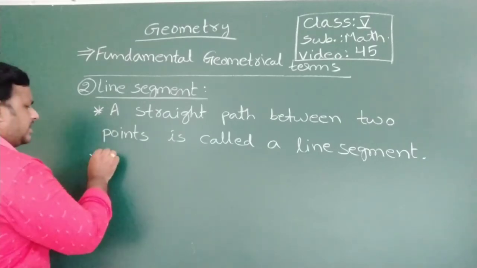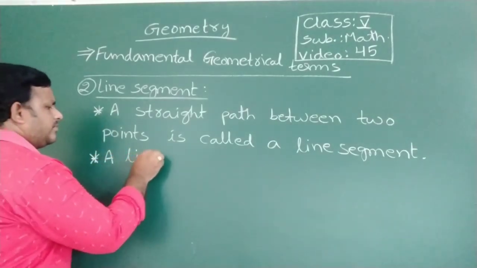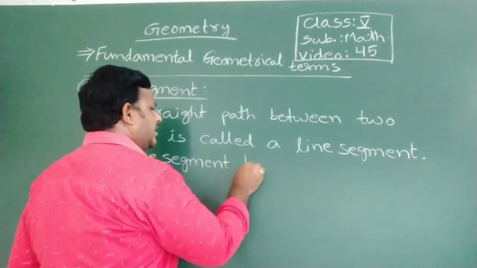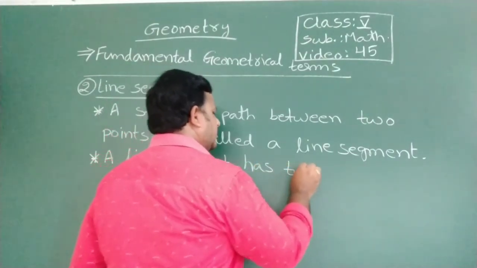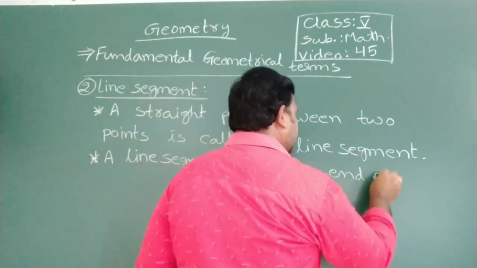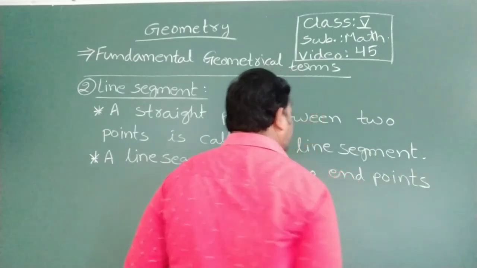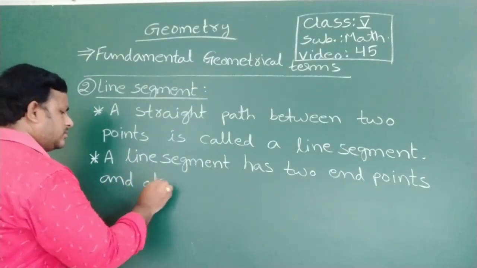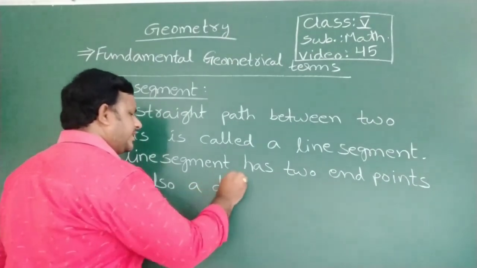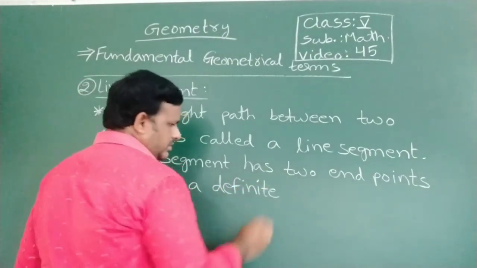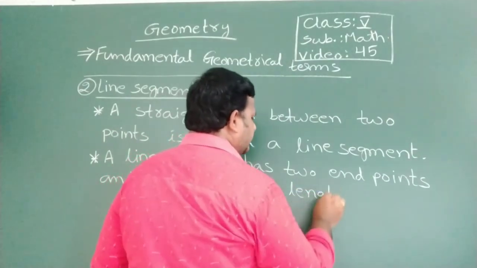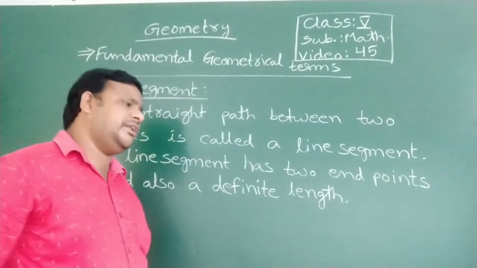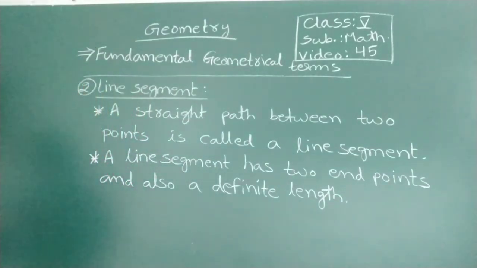A line segment has two endpoints and also a definite length. Definite length means we can measure the length of the line segment. That's the meaning of a definite length.